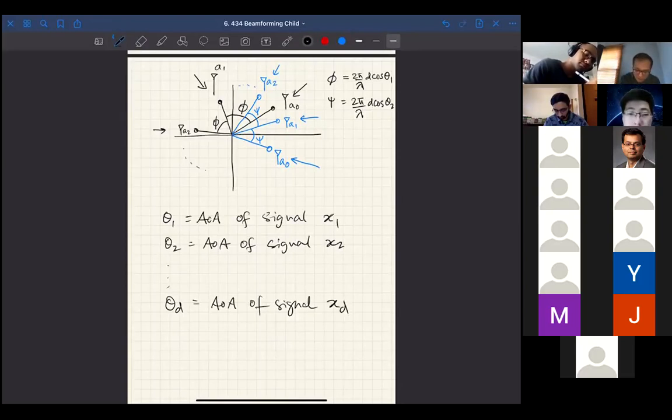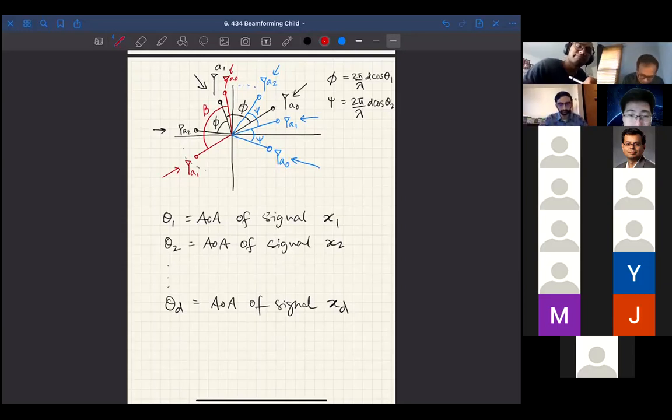And you will have another one. Let's draw that one. Maybe there's another one which starts from here. This is antenna A0, and this is antenna A1, and that separation is, let's call that beta.